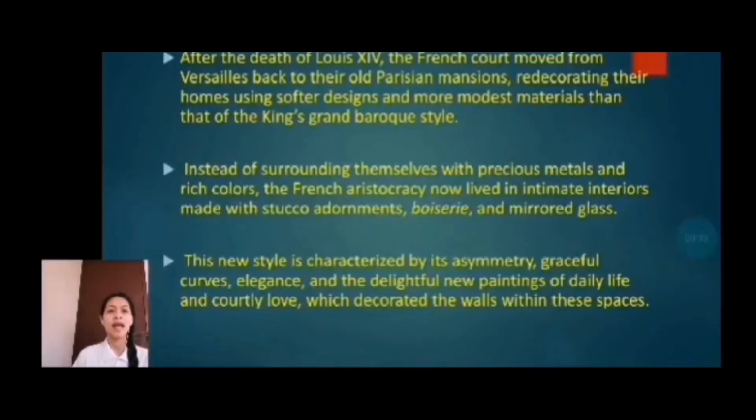So next, after the death of Louis XIV, the French court moved from Versailles back to their old Parisian mansions, redecorating their homes using softer designs and more modest materials than the king's grand Baroque style.